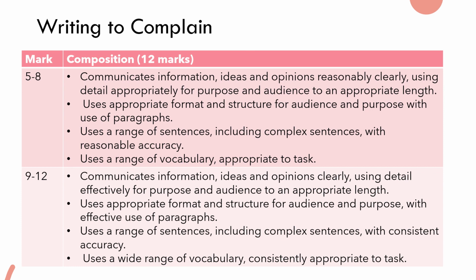For example, a lot of them are repeating similar skills that you're using in the last one for 5 to 8. So rather than using a range of vocabulary, you now have to use a wide range of vocabulary. So it just means, can you step these skills up? Can you improve on them and get up to the higher level?